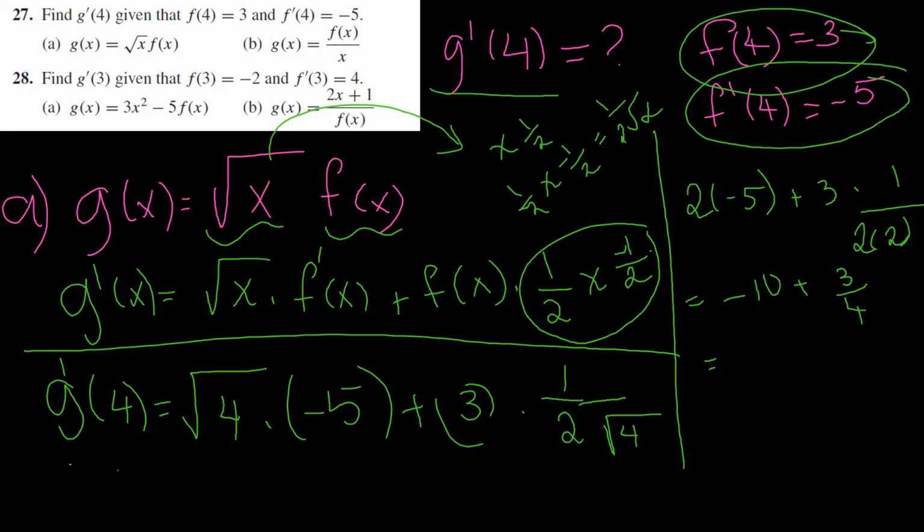That is -40 over 4 plus 3 over 4, so it's -37 over 4, which is -9 and 1 over 4. This is the final answer.